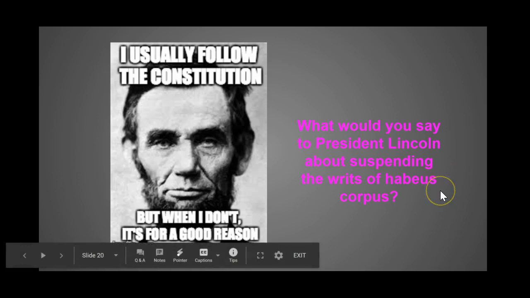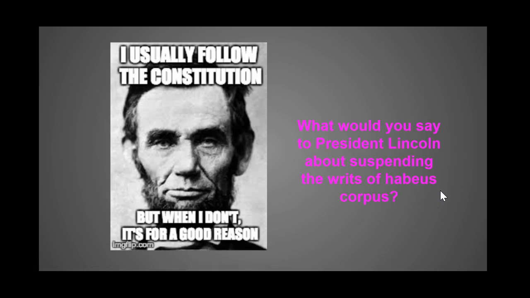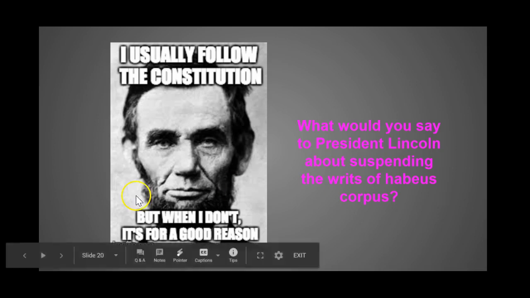So this meme, I want you to read it. Then I want you to think about what you might say to President Lincoln about suspending the writ of habeas corpus. It means that people are not allowed to have freedom of speech. They're not allowed to help others that are going against the North. What would you say to President Lincoln about suspending what the Constitution protects?